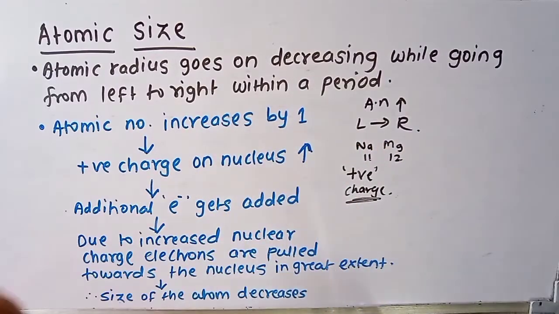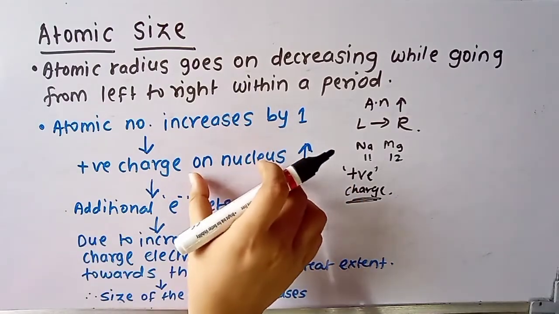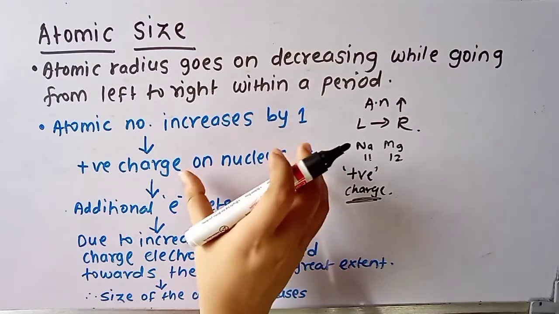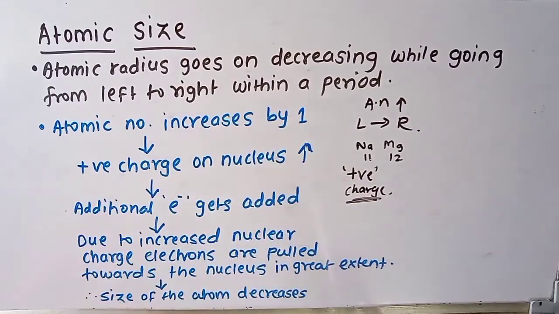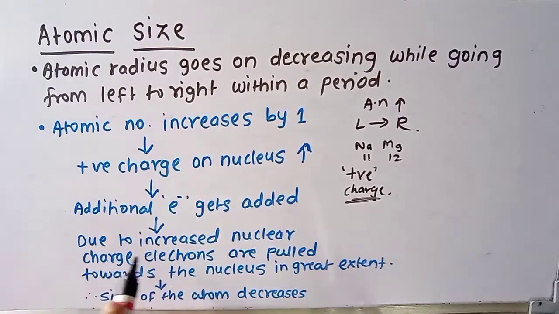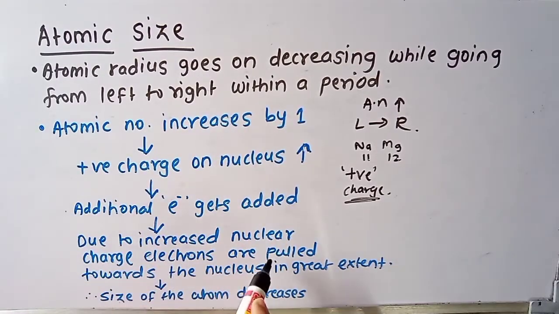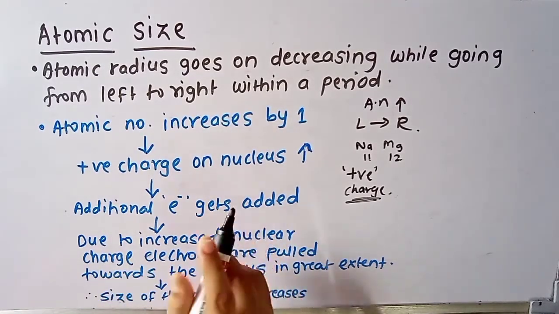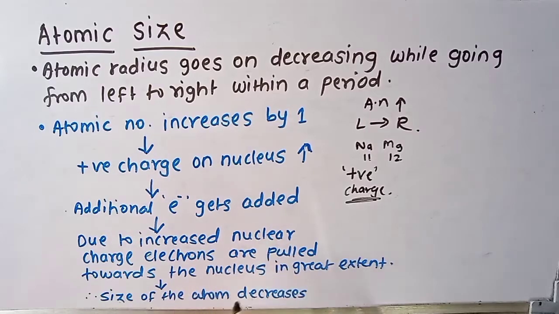Due to this increased number of electrons, what is happening? Also at the same time the positive charge on the nucleus is increased, yes or no? So positive and negative will attract. Due to increased nuclear charge, electrons are pulled towards the nucleus to a great extent.